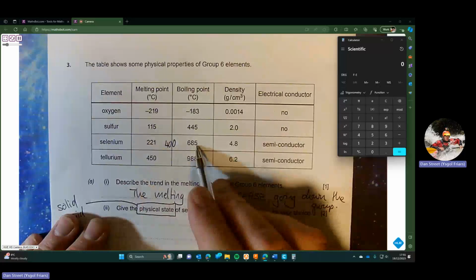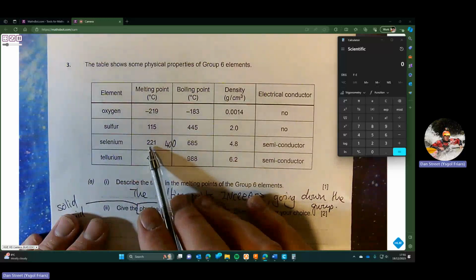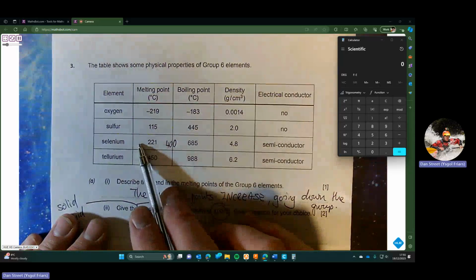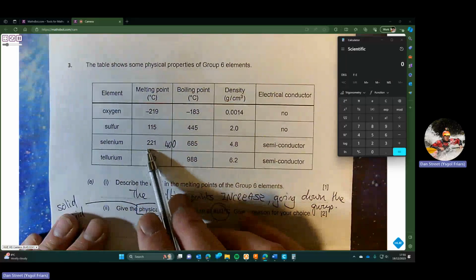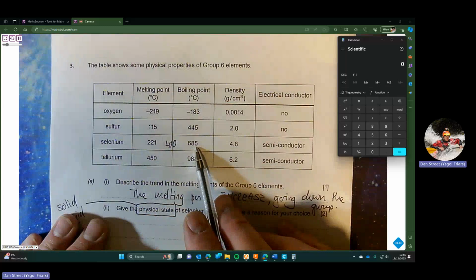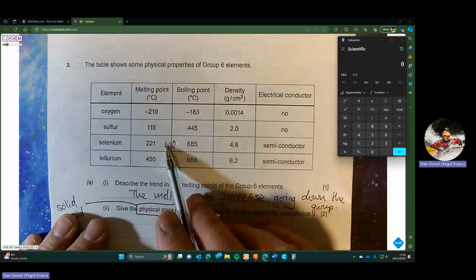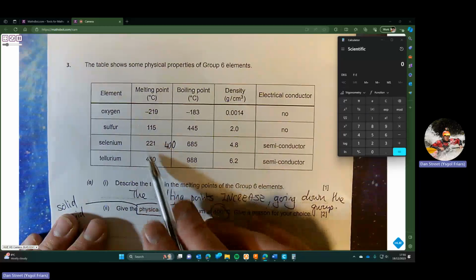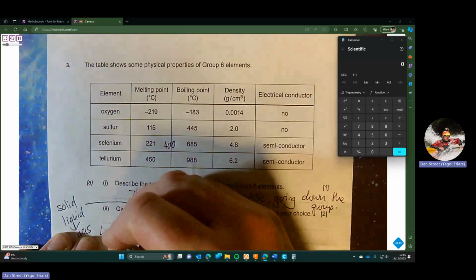We've got 221 and 685, so 400 lies between those 2. At 221, selenium melts, which means it turns from a solid into a liquid, and it doesn't boil until 685. So at 400 degrees Celsius, it must be a liquid because it's melted, but it's not hot enough yet to boil.